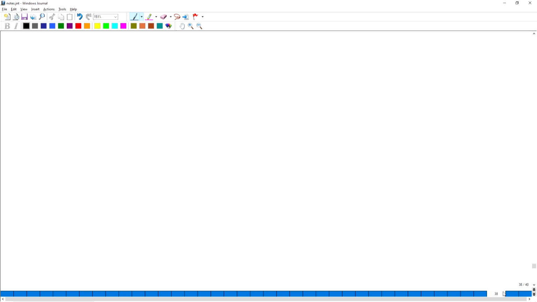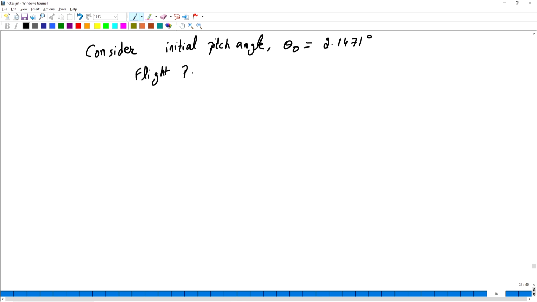All right. Now also to make things simpler, consider initial pitch angle, that is theta naught, equal to the attack angle, 2.1471 degrees. Since we are assuming here flight path angle, that is gamma, is 0.